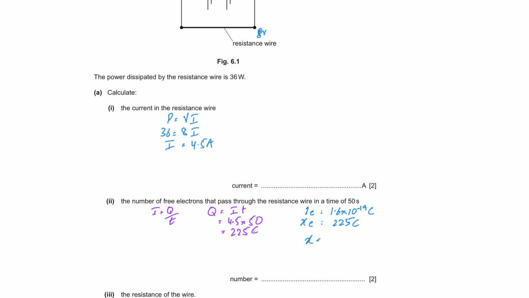X is equal to 225 over 1.6 times 10 to the power minus 19. Some of you may not feel the need to write this down and may do this directly, but you are using this ratio even if you do it like this. So the number of electrons comes out to be 1.4 times 10 raised to the power 21.